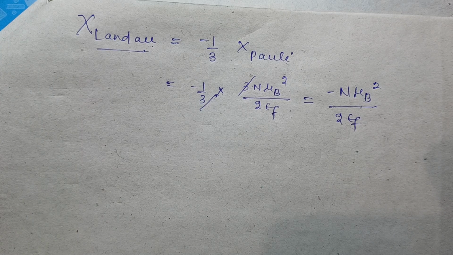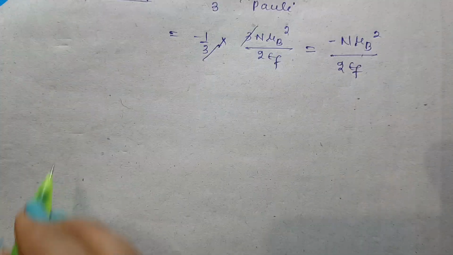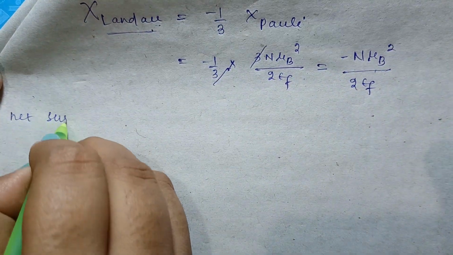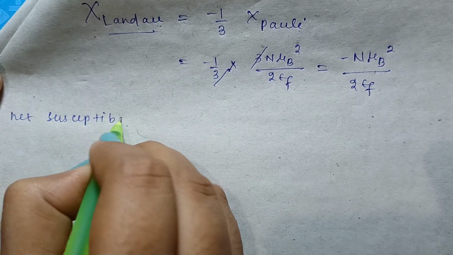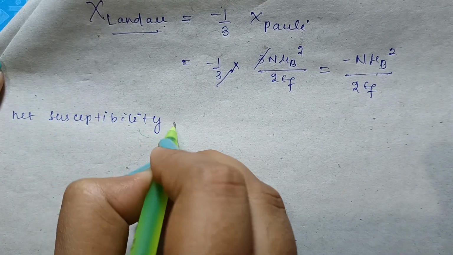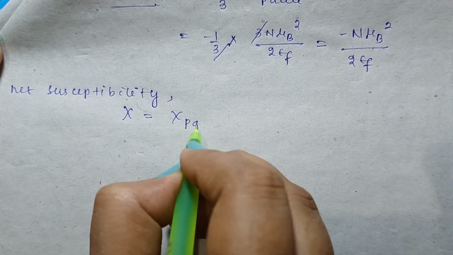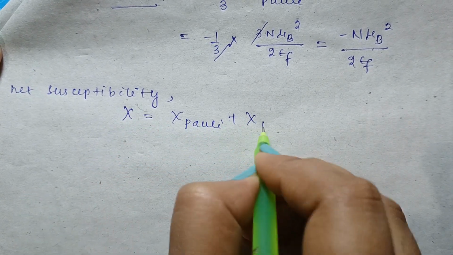So hence now we are finding the net susceptibility of the system due to free electrons. So Xi is equal to Xi Pauli plus Xi Landau.